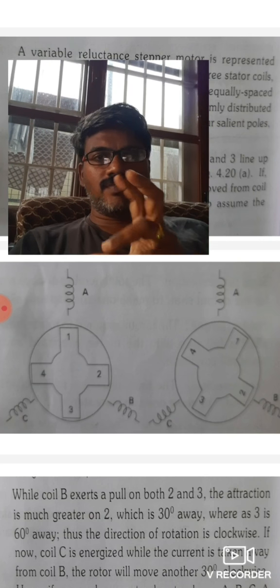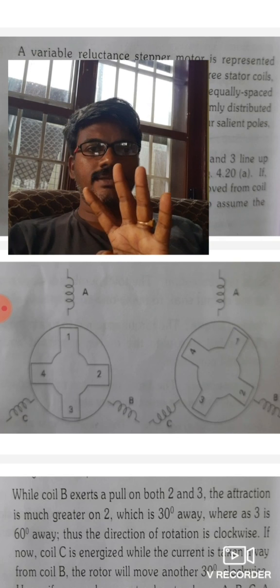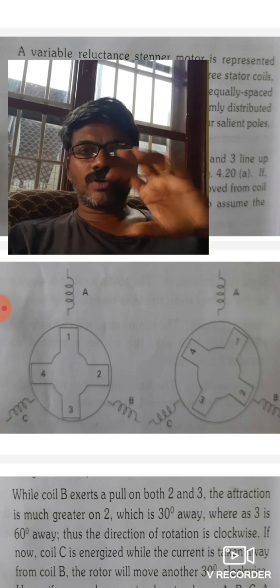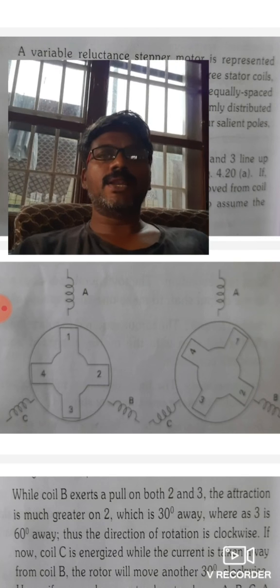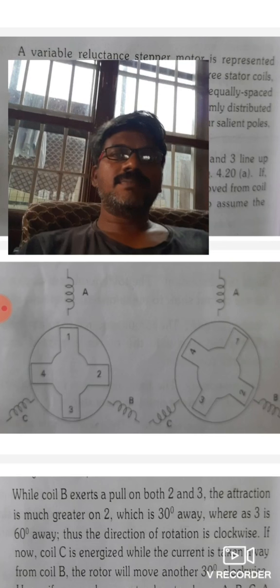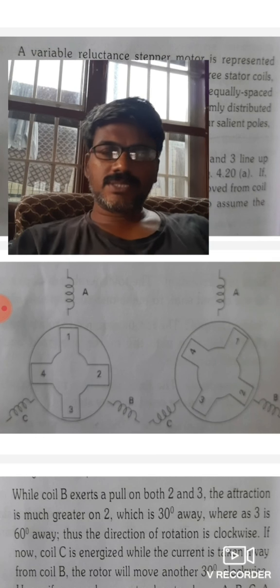Suppose it is a 3-phase 4-pole motor. Then it requires 12 pulses for one complete rotation. One complete rotation is 360 degrees. 360 by 30 equals 12. We require 12 pulses.